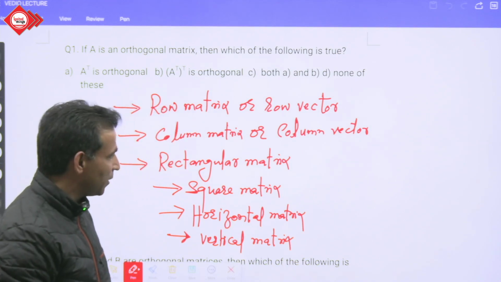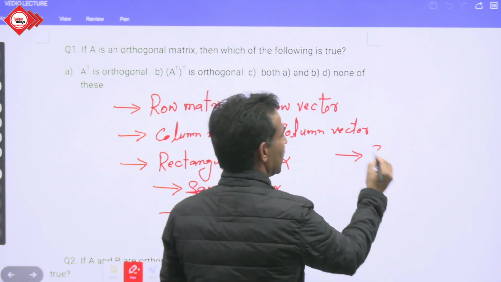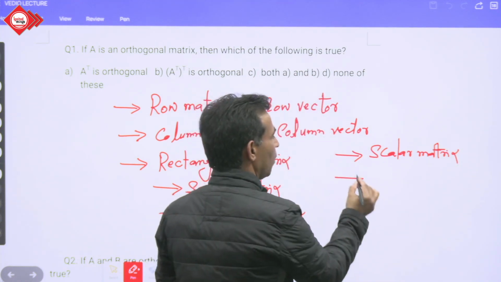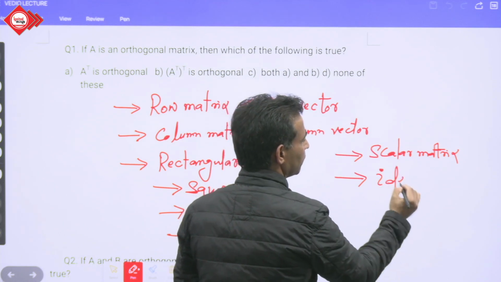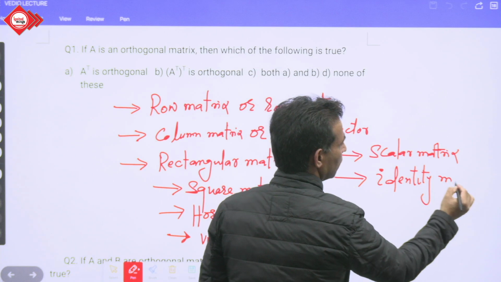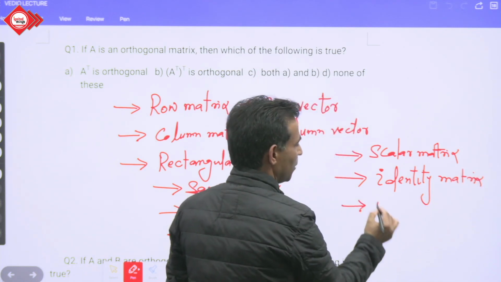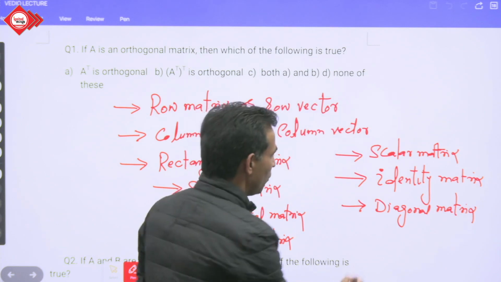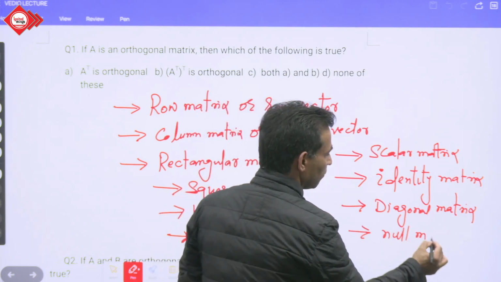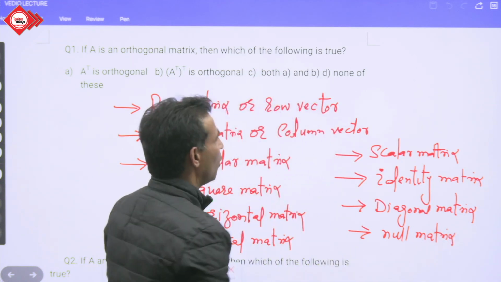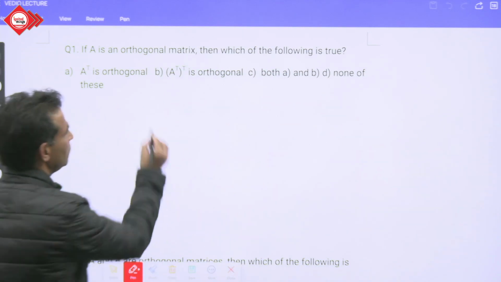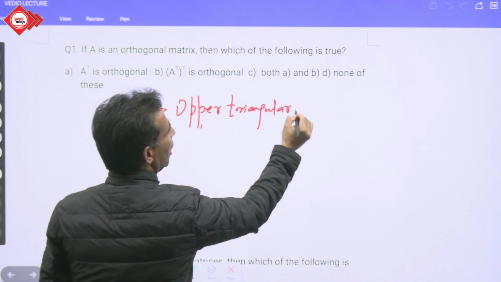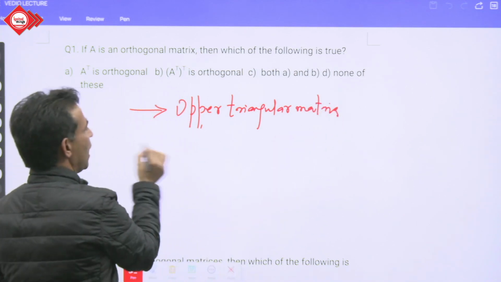Similarly, we have scalar matrix, identity matrix, diagonal matrix, null matrix, upper triangular matrix, and lower triangular matrix.